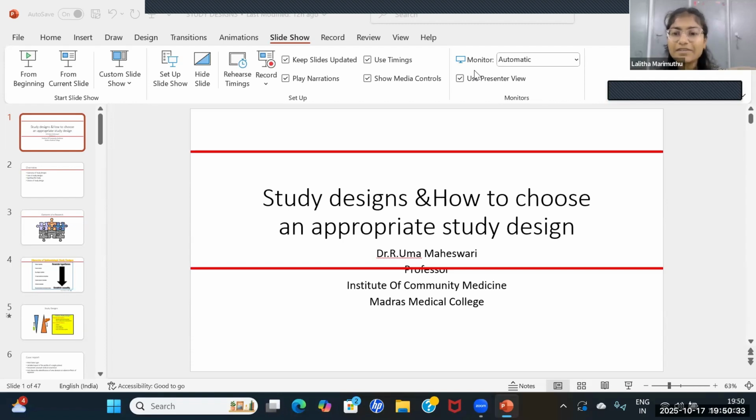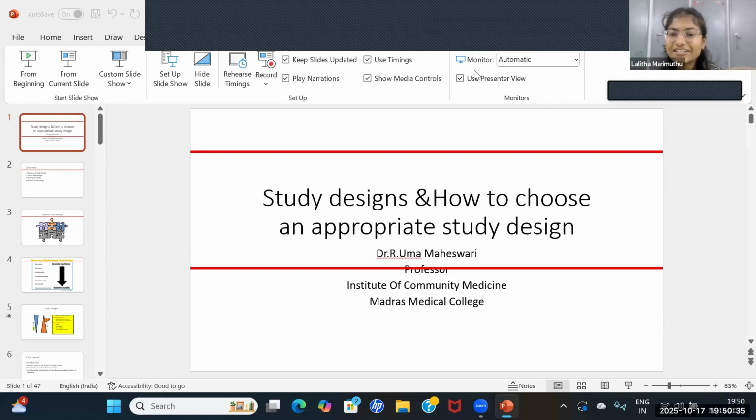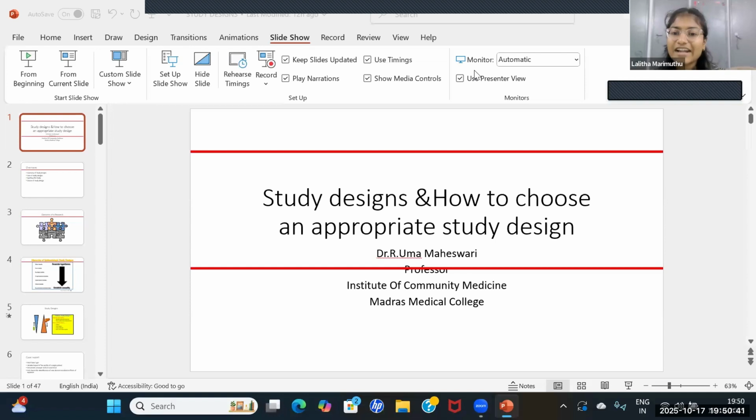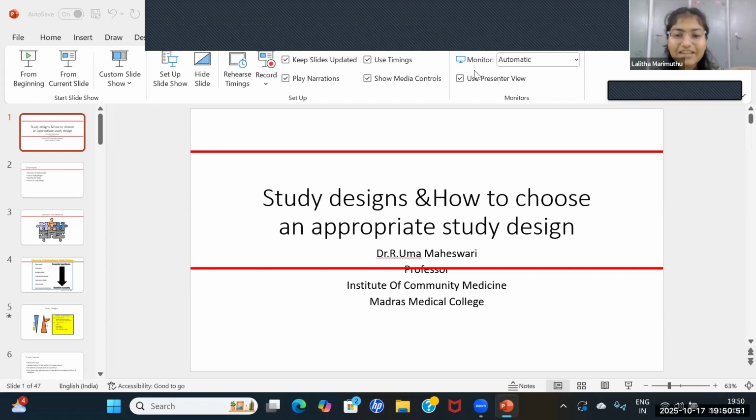Your session has armed us with tools not just to plan research, but to propel discovery in new frontiers. Gratitude goes out to the organizers, the Indian Medical Association, Medical Students Network, and Junior Doctors Network, Tamil Nadu State Branch, for creating this invaluable space for learning and mentorship.